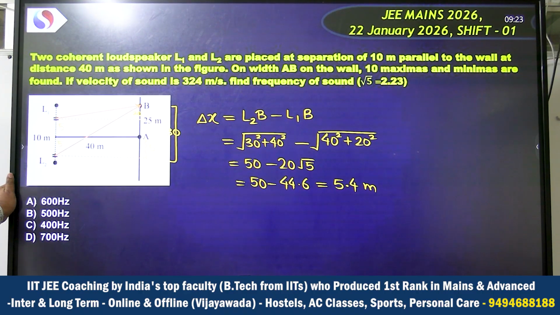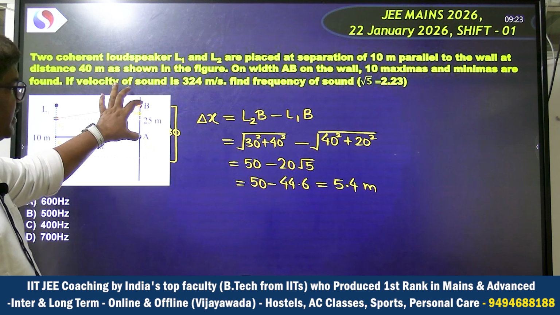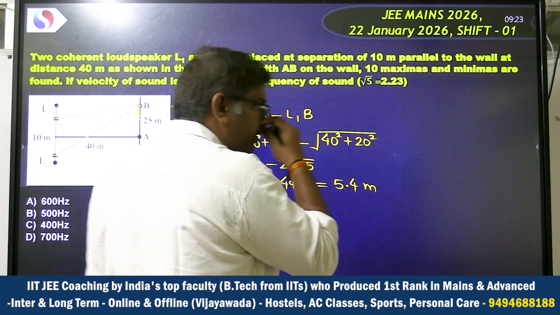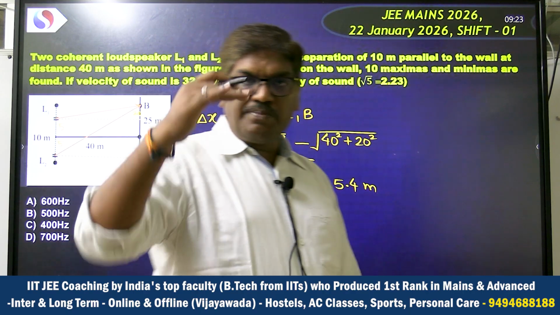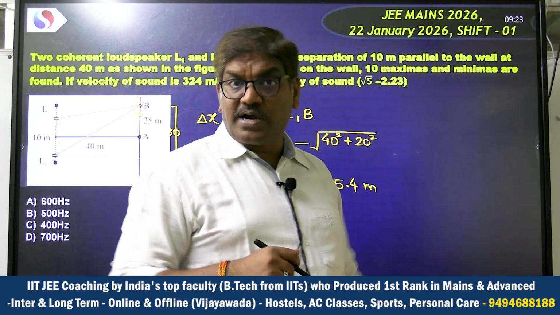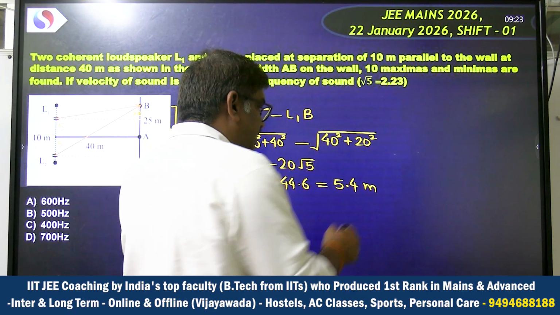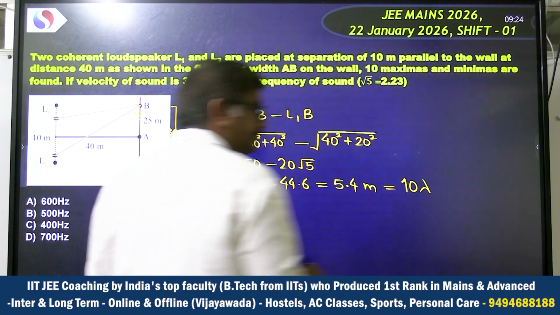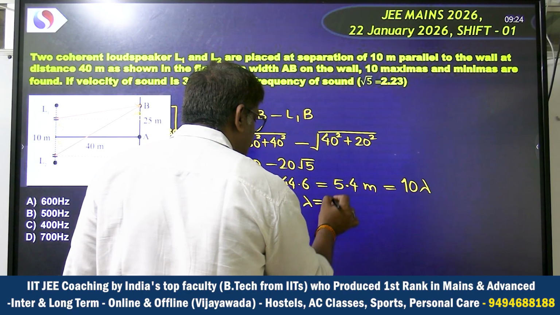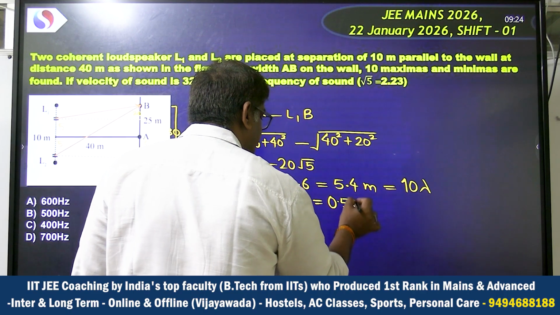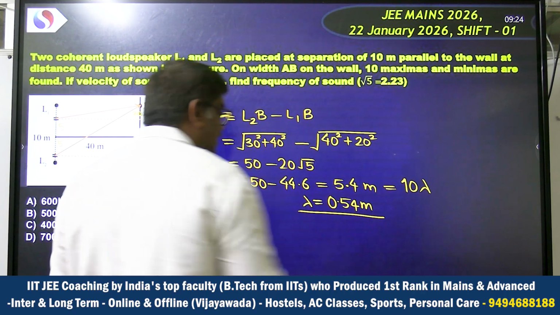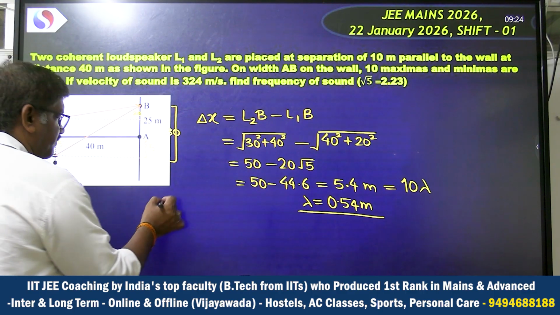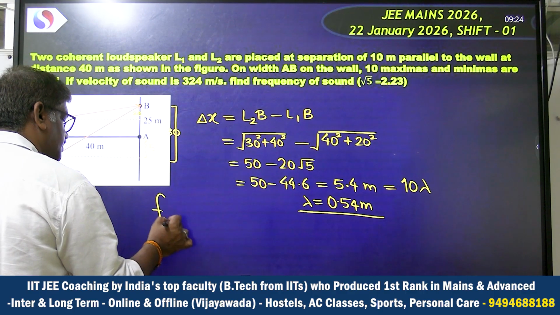Alright, 5.4 meter. And they are saying that between A and B there are 10 maxima. You know that every maximum corresponds to a path difference of lambda. That means 10 maxima correspond to a path difference of 10 lambda. So what is the value of lambda here? It is 0.54 meter. Now you know the wavelength of this sound, and you have to find the frequency of the sound.